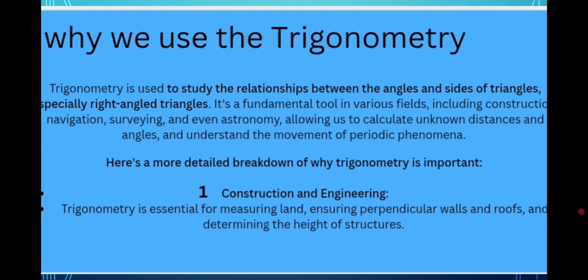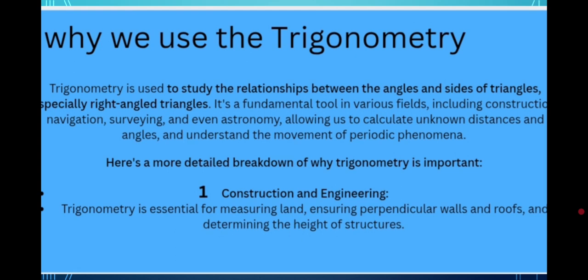Here is a more detailed breakdown of why trigonometry is important. First, construction and engineering. Trigonometry is essential for measuring land, ensuring perpendicular walls and roofs, and determining the heights of a structure.